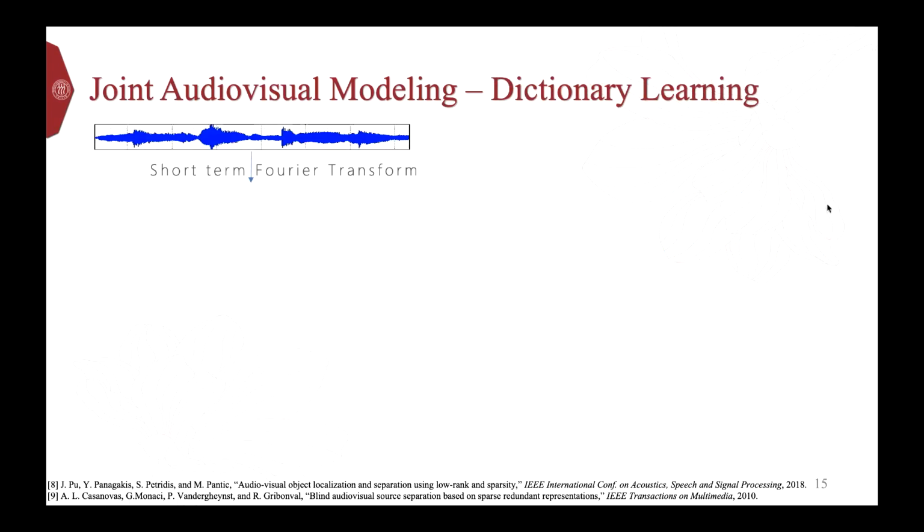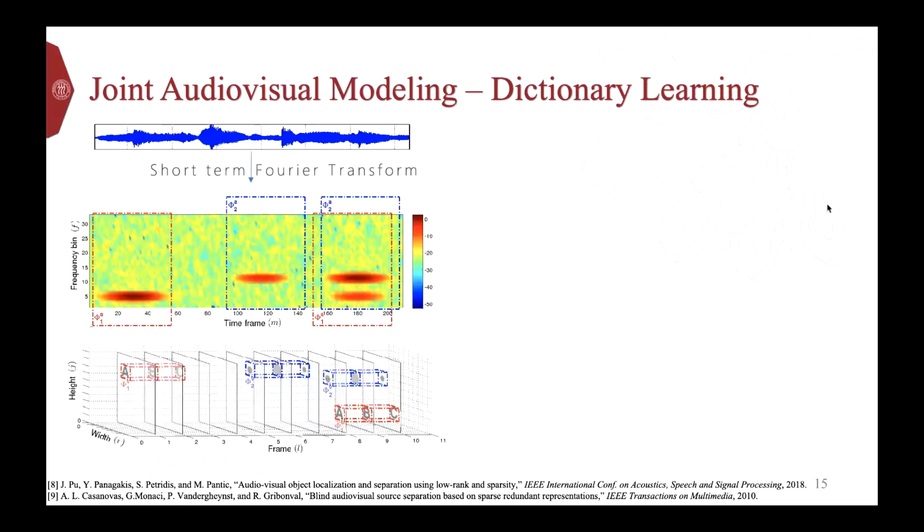So in the first step, they first perform short-term Fourier transform from the raw audio waveform into the temporal frequency spectrogram, as the colorful image in the left figure.